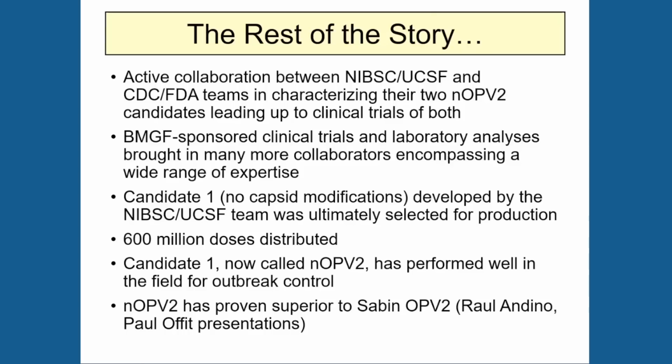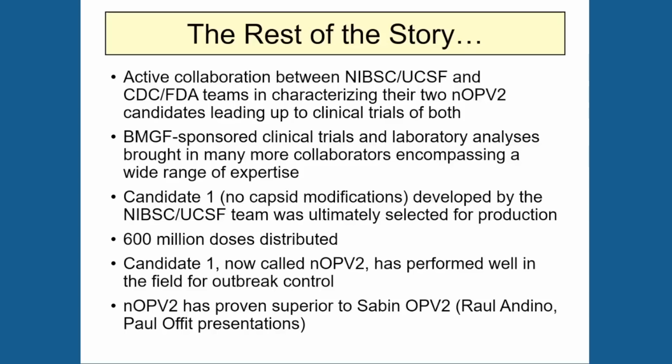Now, the Gates Foundation sponsored clinical trials and subsequent laboratory analyses brought in many more collaborators encompassing a wide range of expertise, and their names are in the previous slide. Candidate 1, which had no capsid modifications, developed by the NIBSC UCSF team, was ultimately selected for production. 600 million doses have been distributed.